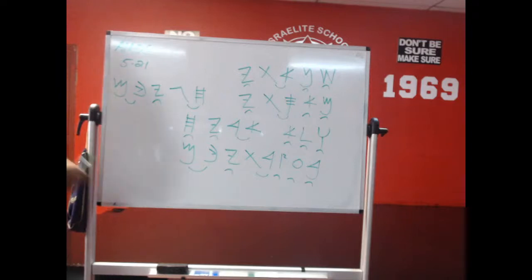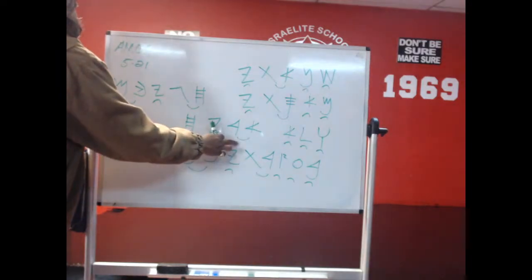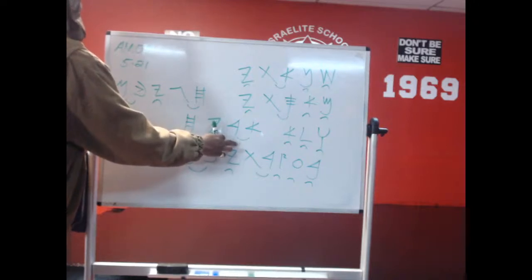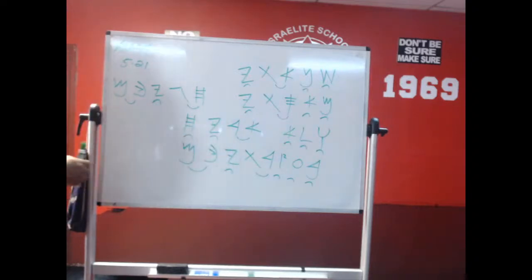Now we have the bumps and bridges, right? So if I have bumps and bridges, what? No, good. That's it. So now put that together. There you go. Good job.